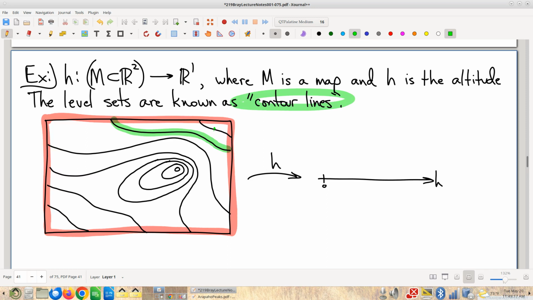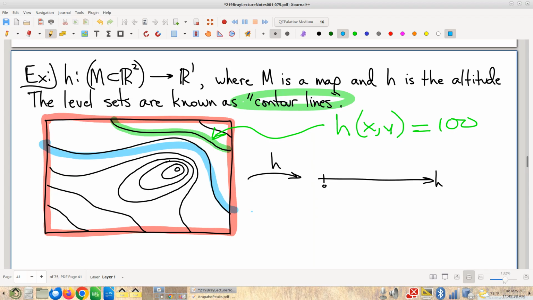So in particular, this right here is where the altitude function is equal to some value, let's say 100. Maybe that's where the altitude is 100, and then maybe this is where the altitude is 200, and then this is where the altitude is 300, etc.